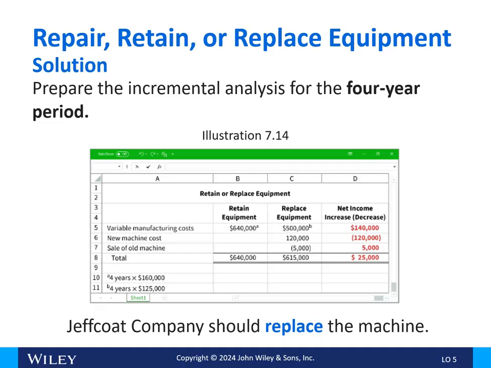So $140,000 benefit. But we're going to buy a new machine at a cost of $120,000. But we get to sell the old machine for $5,000. So we're going to reduce our cost of replacing the equipment by that $5,000. $615,000 total. So we should replace the machine because our net income will increase $25,000 based on our incremental analysis.